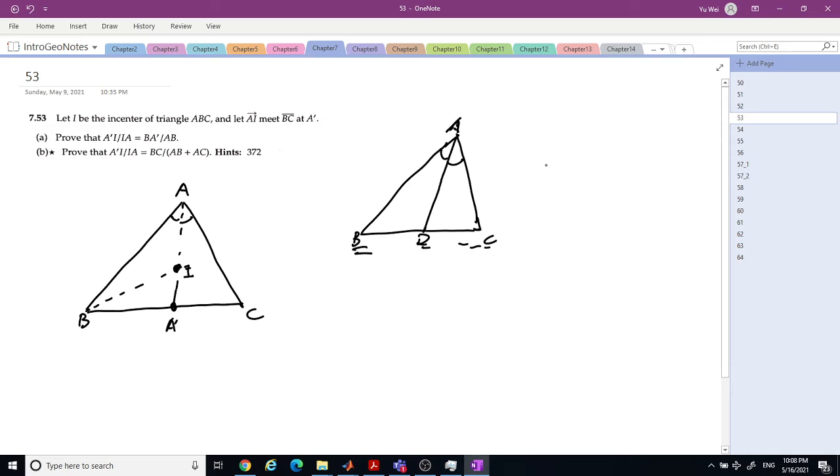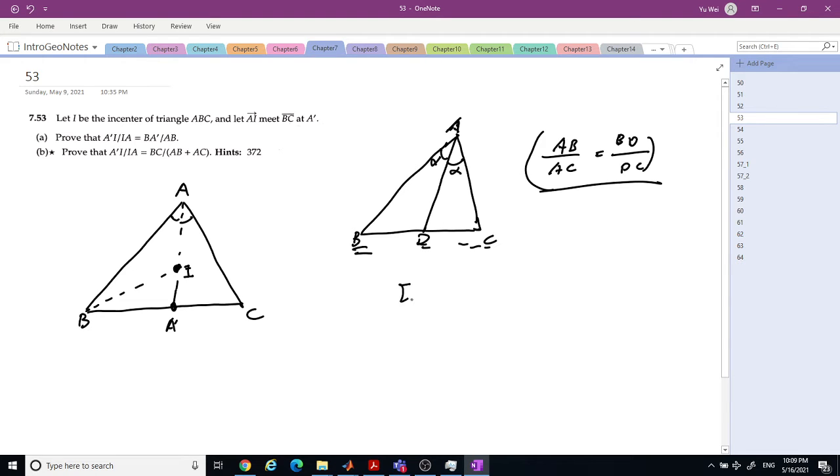Then what we have is AB over AC equals BD over DC. It's easy to calculate. For example, this is alpha, this is alpha.